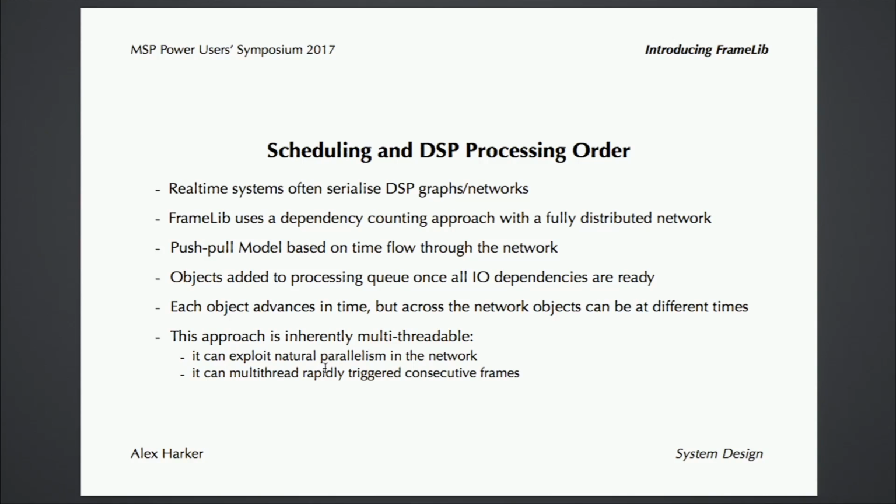So you can actually have two different clocks pushing data in at different times, and it will resolve that. That's also something that's been interesting to me, the idea that you might want to run control data at a certain rate, something that's quite expensive, and you might want to run something else at a higher rate, or you might want to update something only when the user does something. You don't want to update it at a regular rate, and in FrameLib that's all possible.